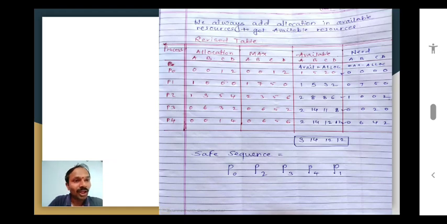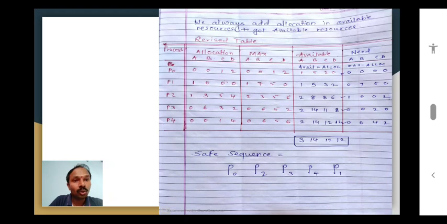So now I will consider P1 in the safe sequence as the last process, and for calculating the final answer for availability of the resources, I am going to add 2, 14, 12 and 12 with the allocation column of P1.